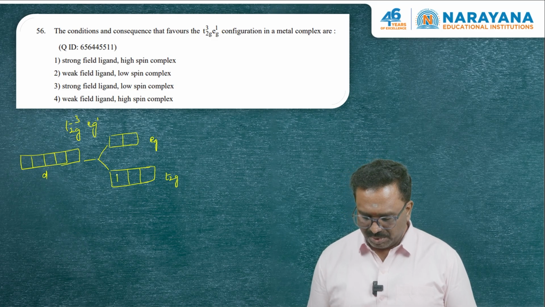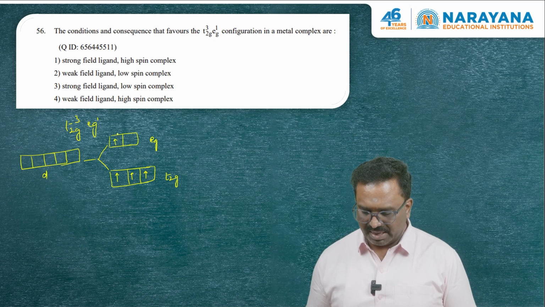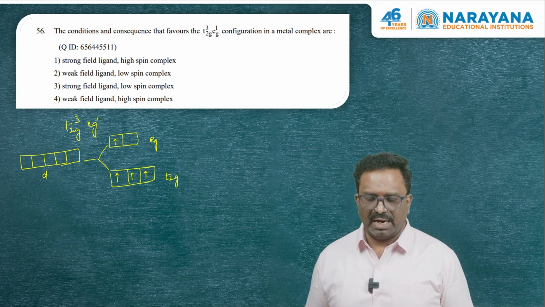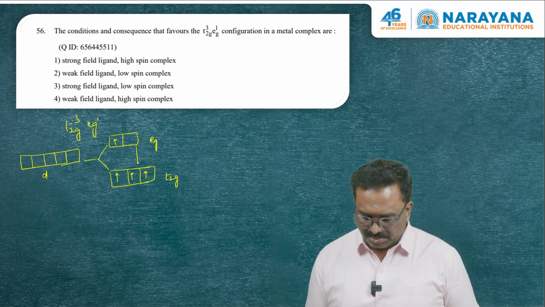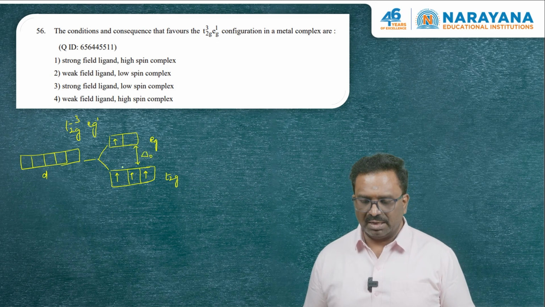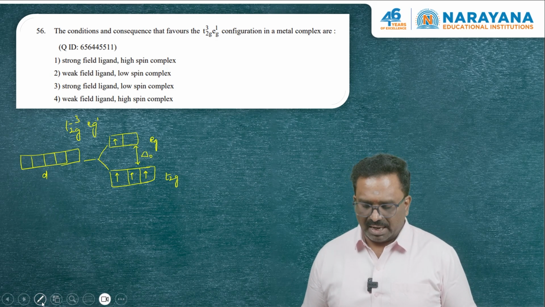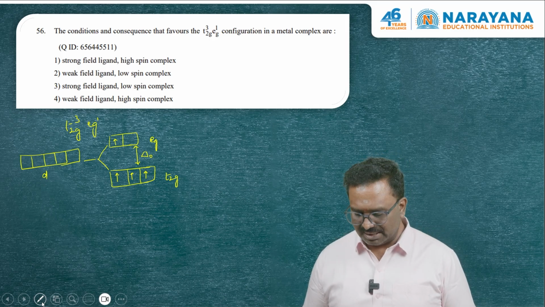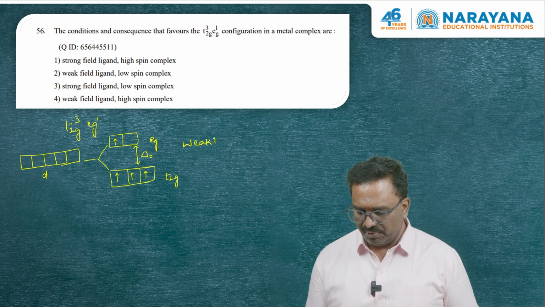Now, if the distribution of electrons takes place as given, this t2g3 and eg1 distribution is possible if the splitting energy, what we call delta O for the octahedral, is less. Less splitting energy is usually favored in case of weak ligand field.